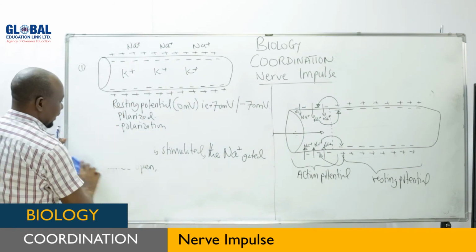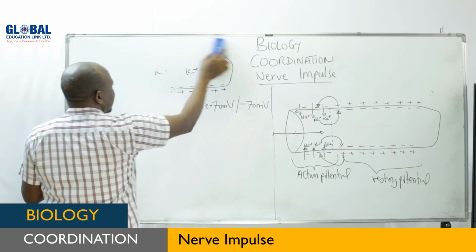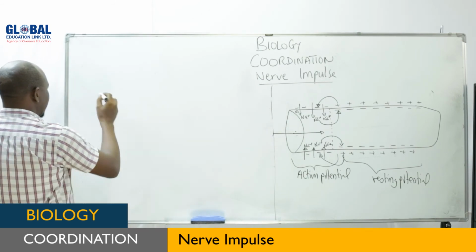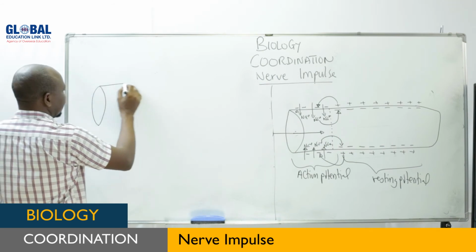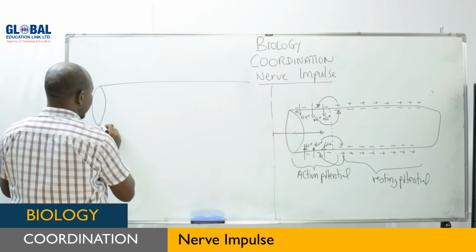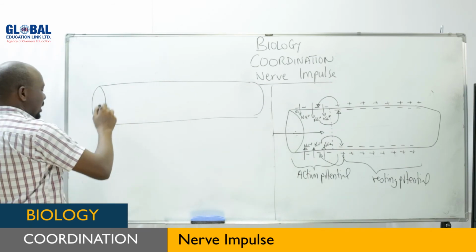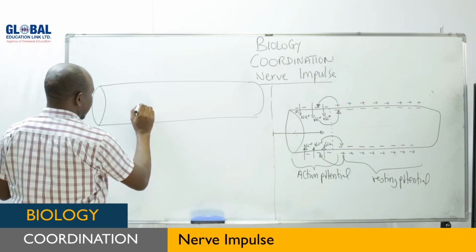And the axon membrane will be in this situation. Assuming this is the axon membrane, here the action potential has passed.